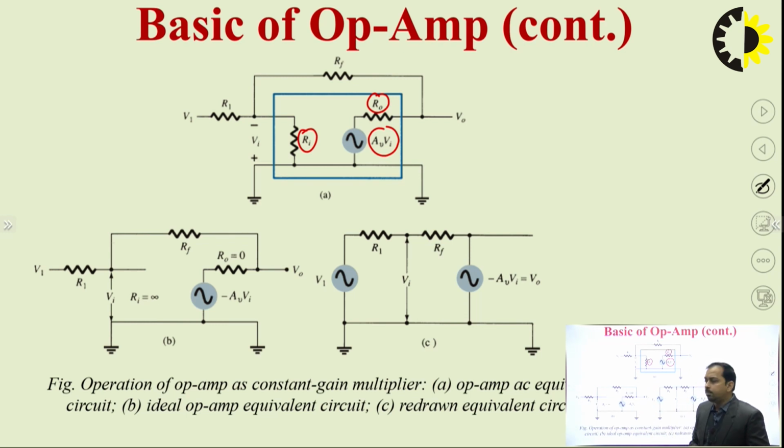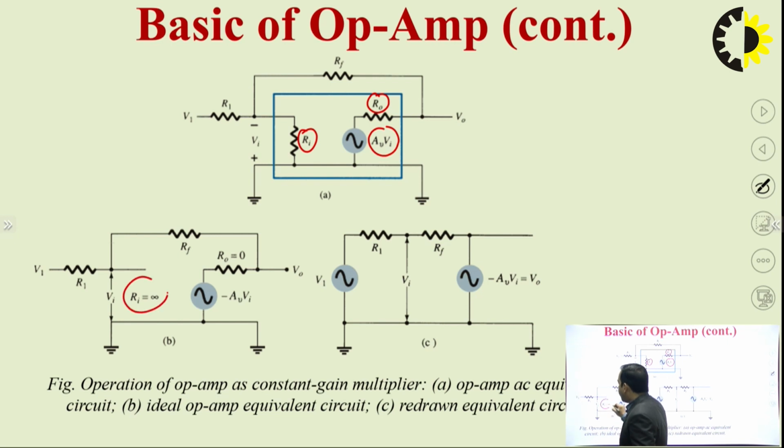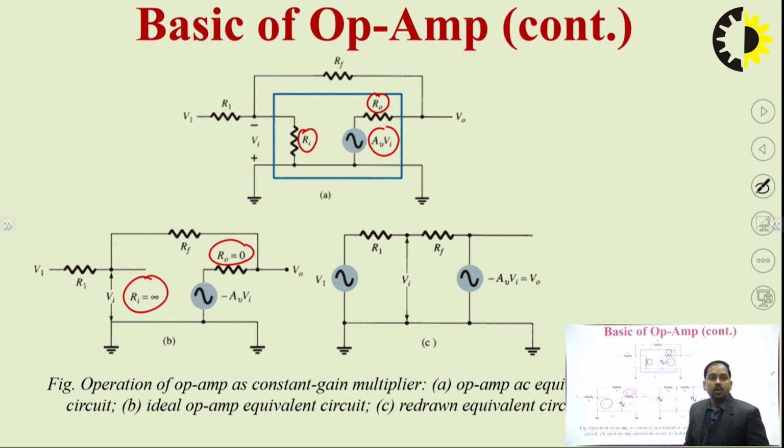Now if we make certain assumptions, that Ri equals infinity and R0 equals 0, then the equivalent circuit will be reduced to something like this, which is represented in figure C. Here there is again an important point.